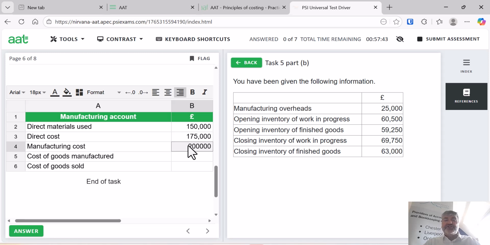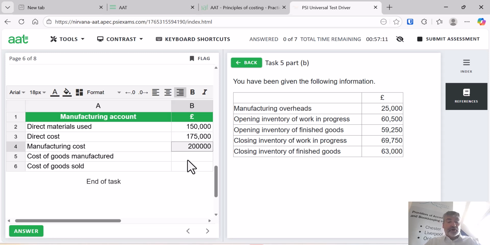So the calculation is to take our opening value of work in progress, which is 60,500, add to it the manufacturing costs for the period, 200,000, and deduct the closing inventory value of work in progress, which we're given as 69,750.